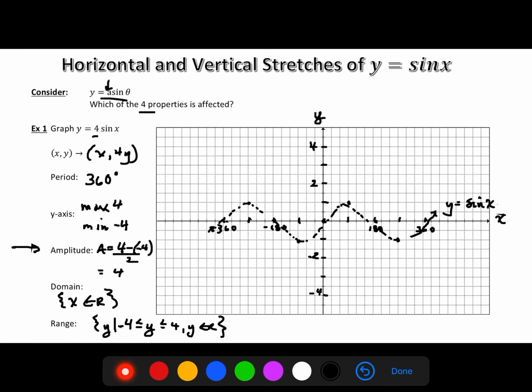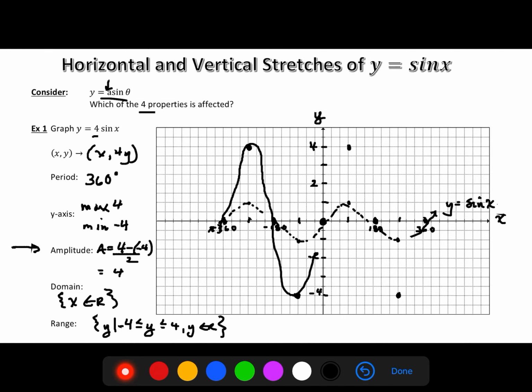Now, all of our points are stretched. The y values are multiplied by 4. So 0 times 4 is still 0, so we still have a starting point of 0, 0. But now we go to 90 and 4, back to 0, down to -4, back to 0. On the opposite side, to -4, to 0, to +4, back to 0.